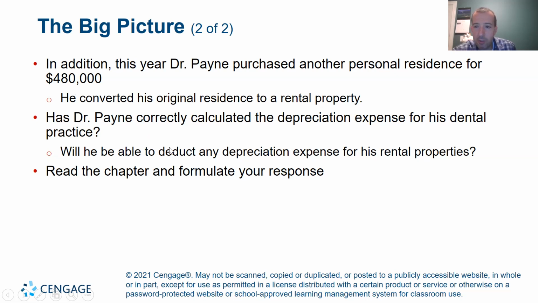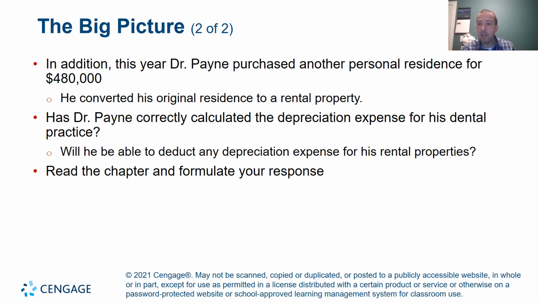If Dr. Payne elects to convert that property to a rental, then the new cost basis will be the lesser of the fair market value at the time of the conversion or the original primary residence cost. And here, I think the example was 250,000. If the fair market value goes down, let's say the market crashes for real estate, Dr. Payne's fair market value for the house is now 250,000.